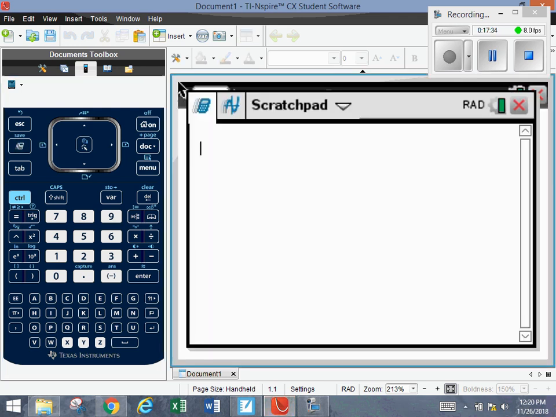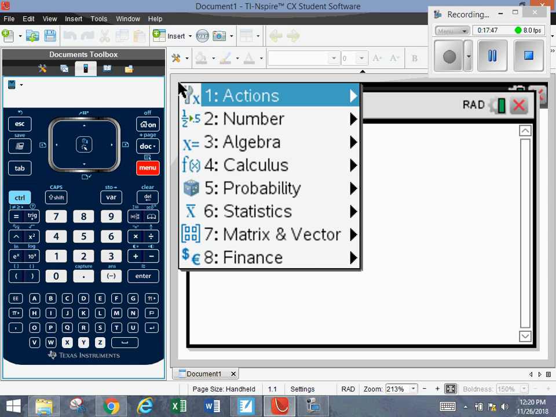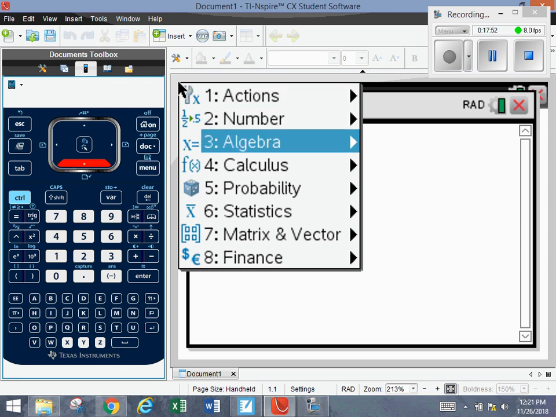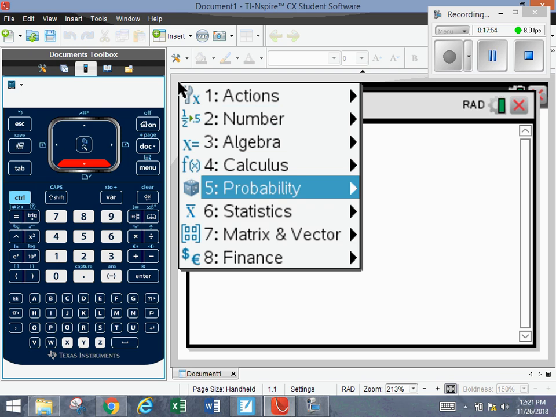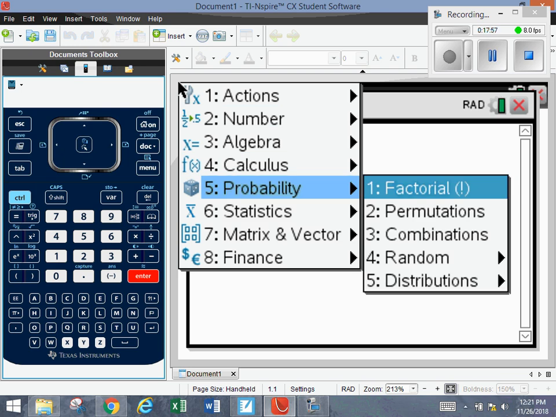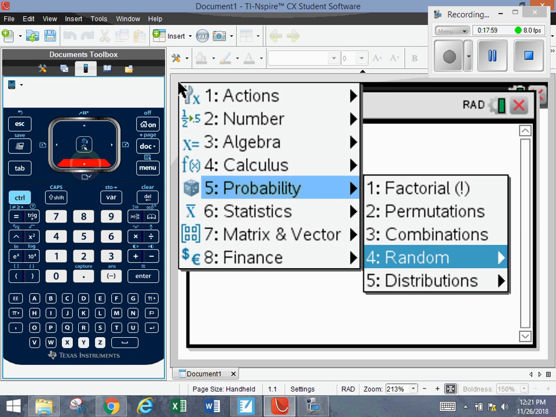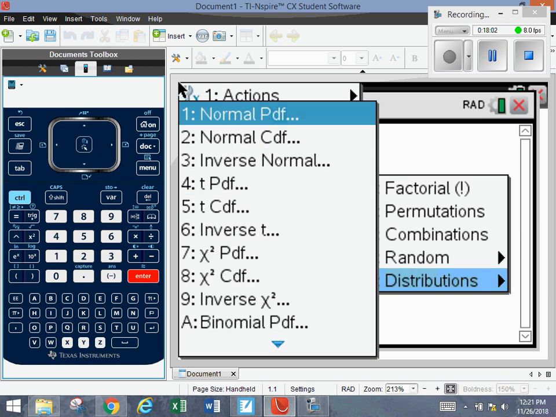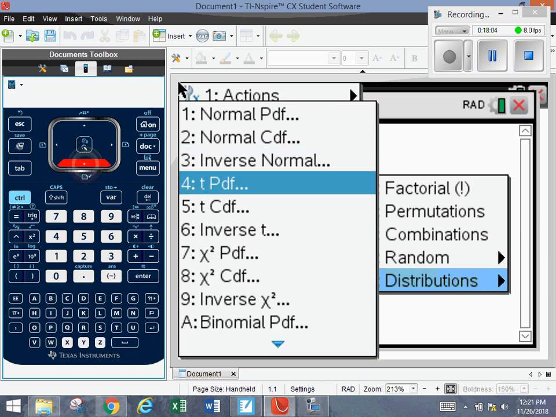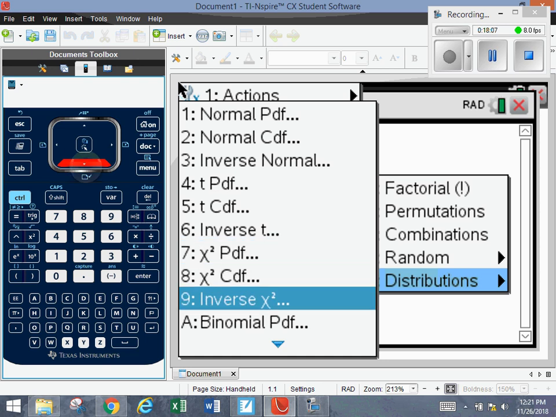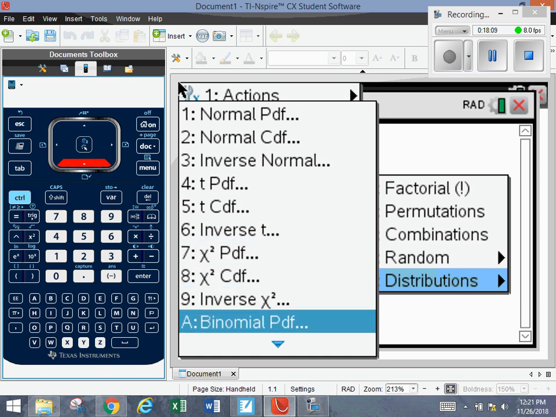So hit the calculator button, use the scratch pad, and in order to do this calculation, we're going to go menu, go to probability, and now we're going to choose distributions. This is a binomial distribution. We're going to go down to binomial PDF.